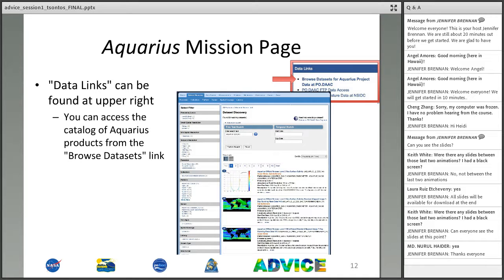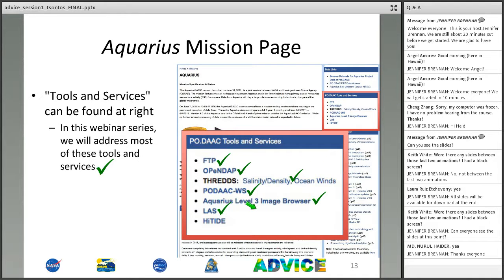We'll be going more into aspects of discovering Aquarius data sets and looking at these data set catalog descriptions next week. But this is something that you can already investigate as part of your assignments.